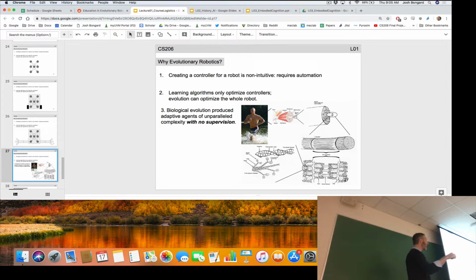In bio-inspired robotics, they're trying to instantiate a product of evolution, a particular organism. In evolutionary robotics, we're trying to instantiate the process of evolution. By doing so, our artificial evolution sometimes gives us back something that's recognizable. It looks like something we see in nature, sometimes not.